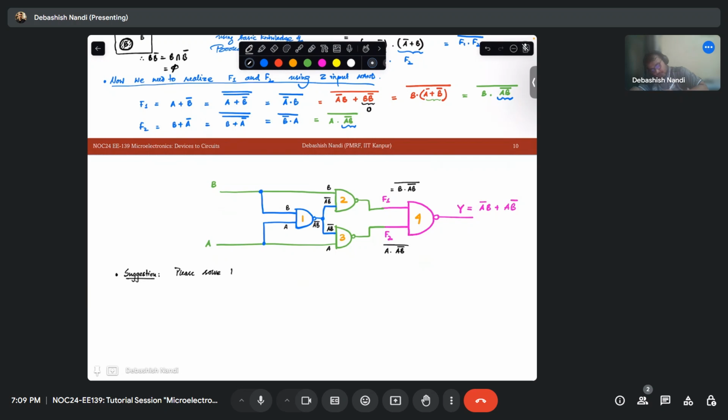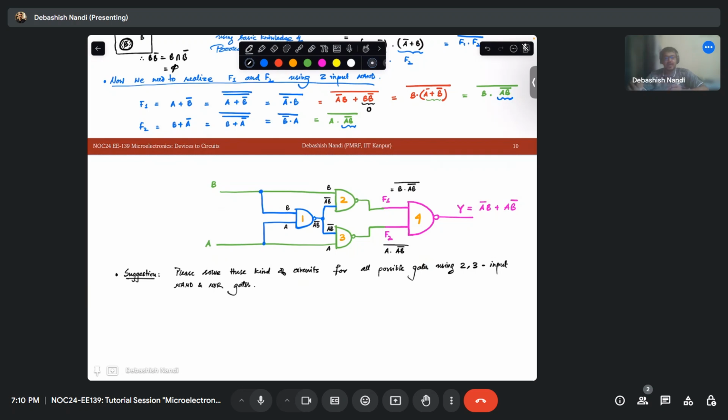So please solve this kind of circuits for all possible gates using 2 and 3 input NAND and NOR gates.